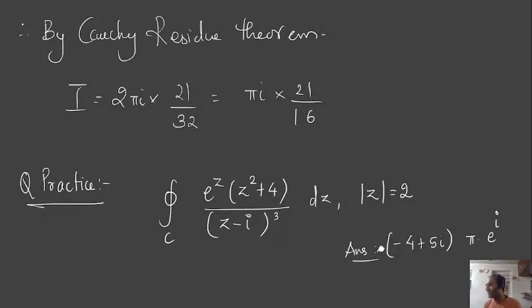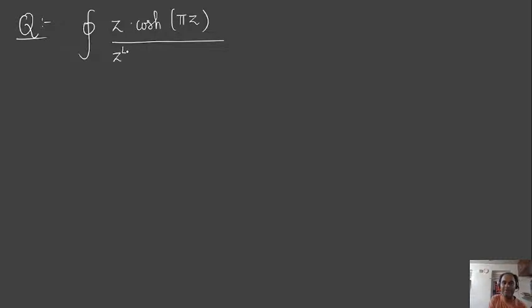And after this there is one more non-trivial question. I'll give you that too, so that the difficulty level settles in your mind, that what all kind of questions can come. Z times cos h pi z divided by z raised to 4 plus 5 z square plus 4 dz, and mod z is equal to 4.